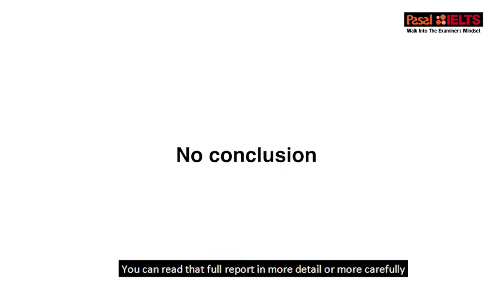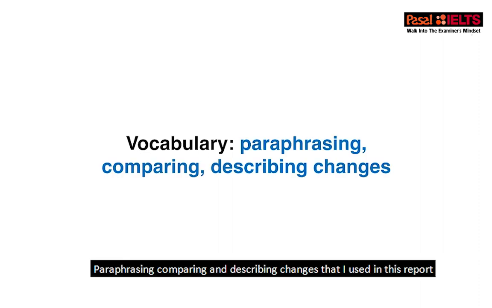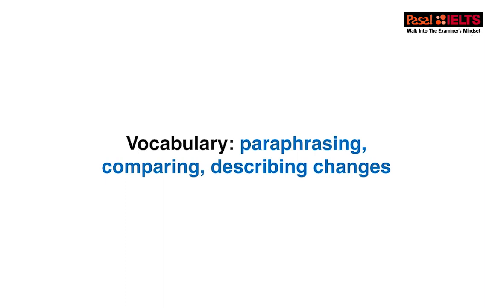You can read that full report in more detail or more carefully by downloading the accompanying worksheet next to this lesson. Before you do that, let's look at some vocabulary to finish off, specifically vocabulary for paraphrasing, comparing and describing changes that I used in this report.